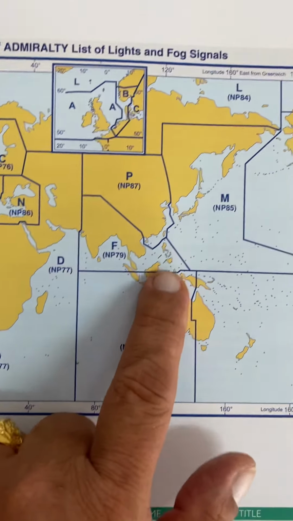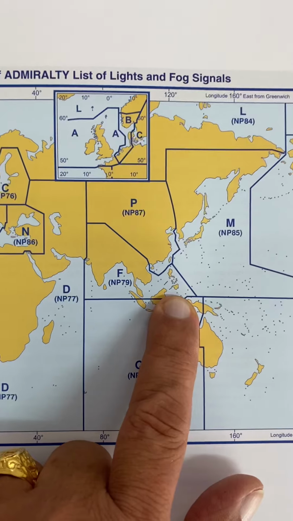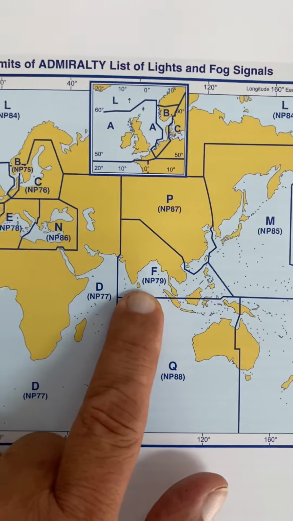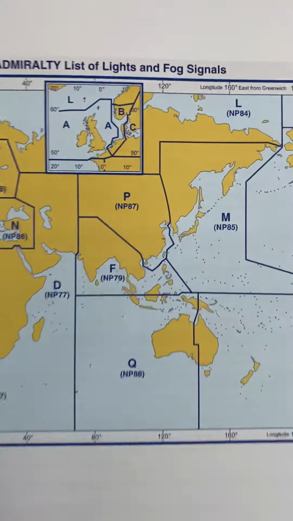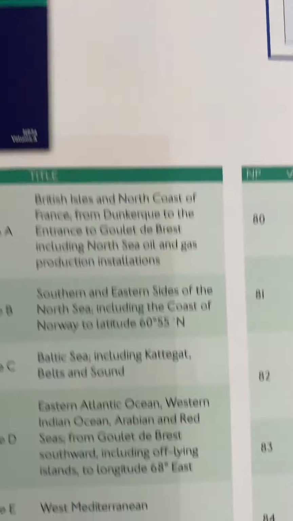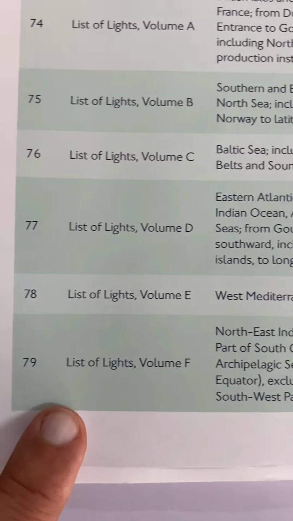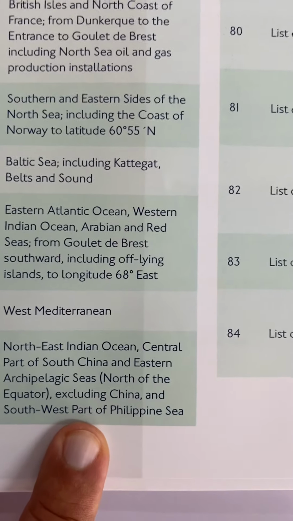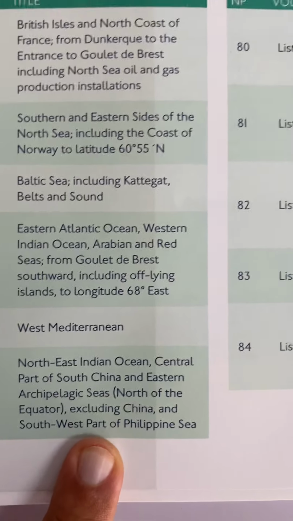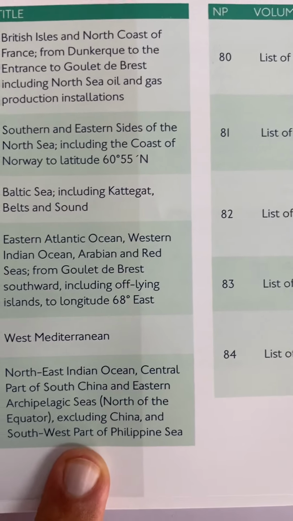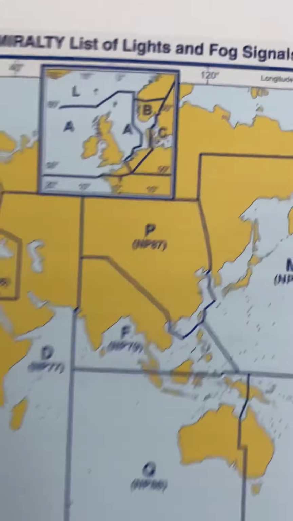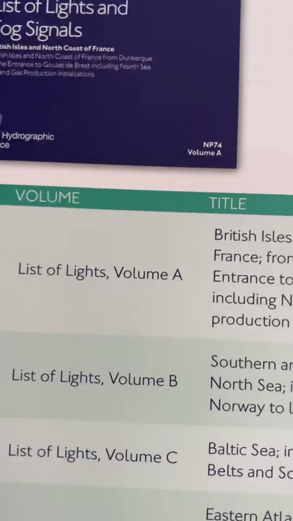For example, you need to know the list of lights and fog signals in the area of the Philippines, so you get this NP79. So what is NP79? NP79 is here, list of lights, volume F, Northeast Indian Ocean, central part of China Sea, excluding China, and southwest part of Philippine Sea. You see, it has the chart, and you have the description of the site.